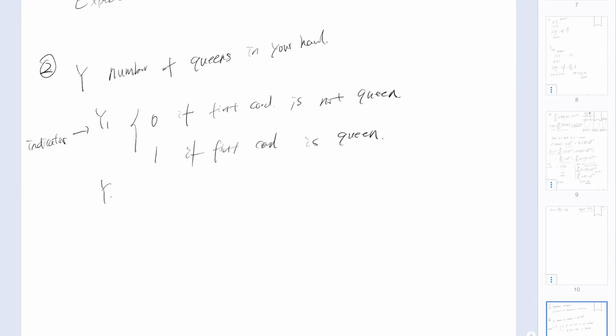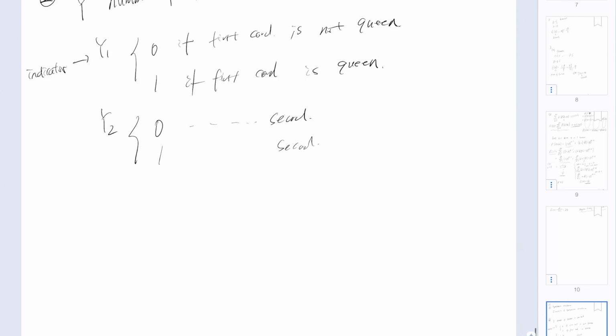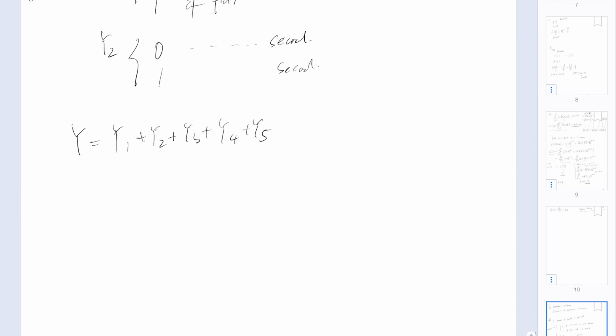And similarly, we define y2 to be 0 if the second card is not a queen, or 1 if the second card is a queen. And now the random variable y is just y1 plus y2 plus y3 plus y4 plus y5. Why is that true? Maybe we can say an example. Say for the 5 cards, the second card is a queen.